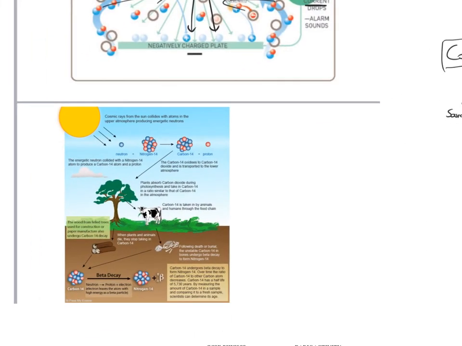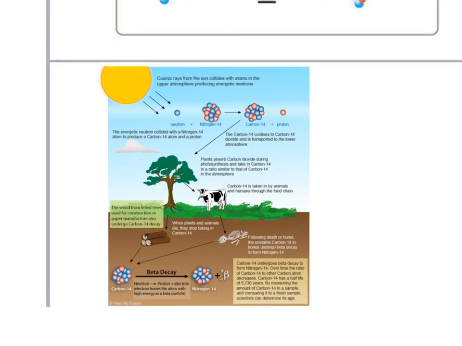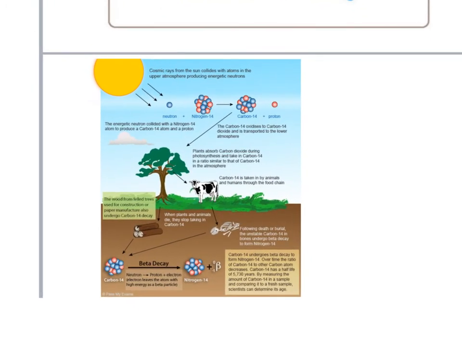Another thing which isn't on the syllabus, but I'd like to give you a chance to think about, is carbon dating. Carbon dating is an application of radioactivity which relies on the fact that in the atmosphere, cosmic rays turn some of the nitrogen into carbon-14, the radioactive isotope of carbon, which decays back to nitrogen-14 via beta emission.